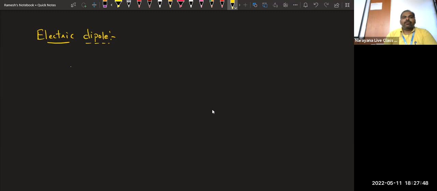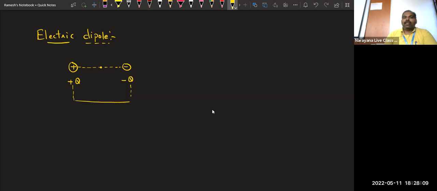So this is one charge plus q, and this is what minus q charge. They are separated by some fixed distance. What is charge equal to here? Plus q. And what is charge equal to here? Minus q. What is this? Center of the dipole.